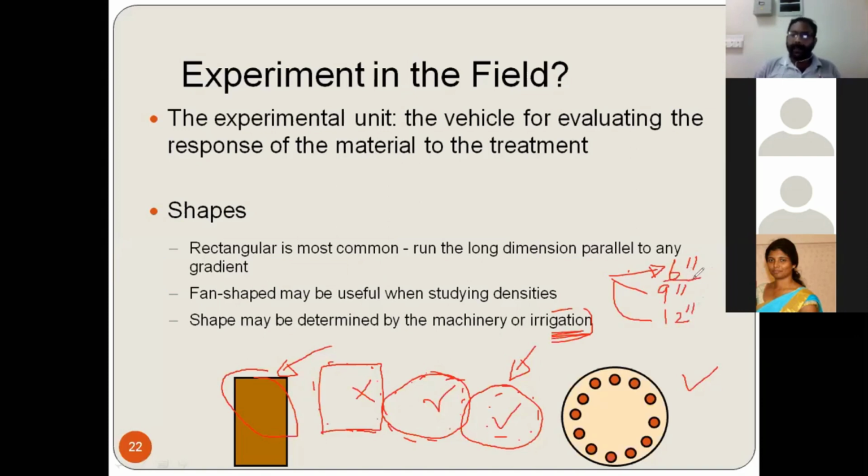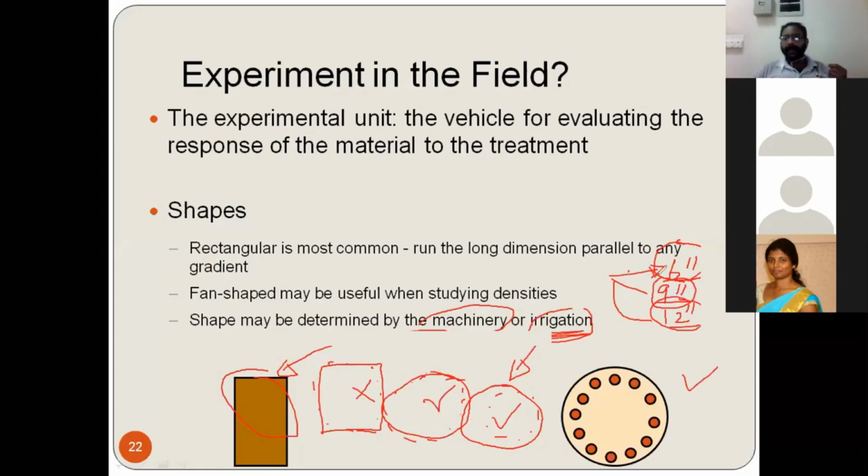So we can adjust the machinery accordingly as we want. You might have seen the tilling, the puddling wheel, and how tilling is done using tractors. So this is my experiment: whether 6 inches depth is good, or 9 inches, or 12 inches. That is what I am going to test.